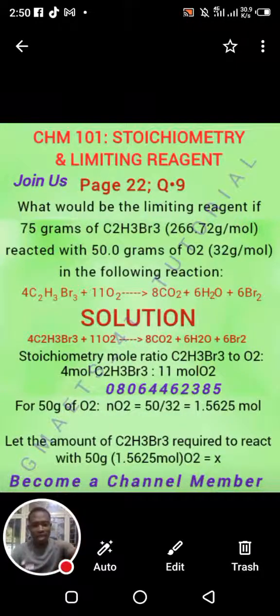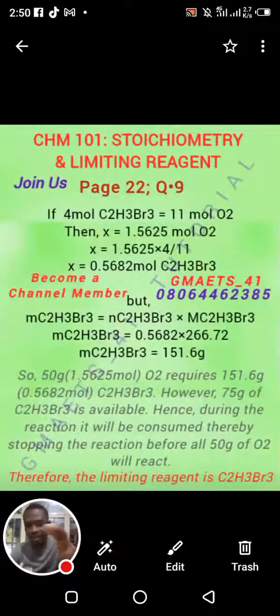And after that, you find out that the mole of the organic compound that will react with 50 grams of oxygen, we found it out to actually be 0.5682 moles of that 1,2,3-tribromoethane.